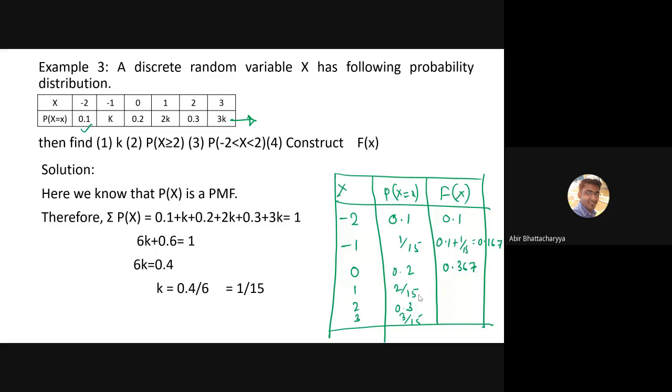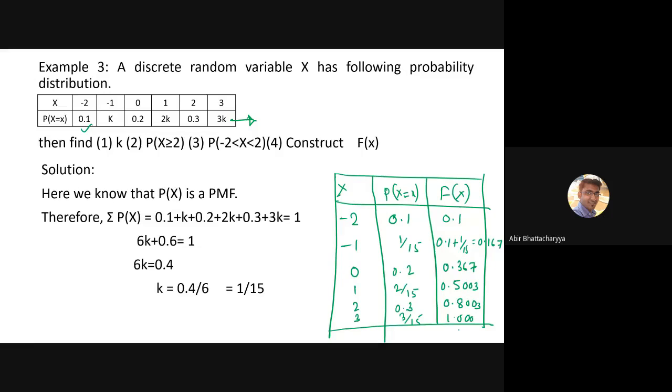0.367 plus 2 by 15 is 0.5003. Next, 0.5003 plus 0.3 is 0.8003. Next, 0.8003 plus 3 by 15 is nearly 1.0003, something like this.